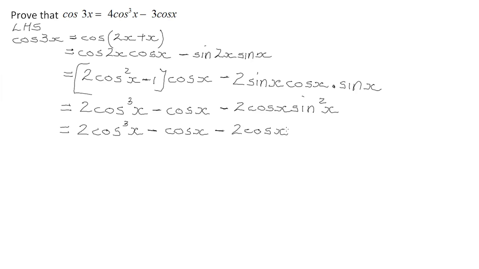And if you look at your formula sheet, formula number 7, the squared identity for sine squared x will be 1 minus cos squared x.